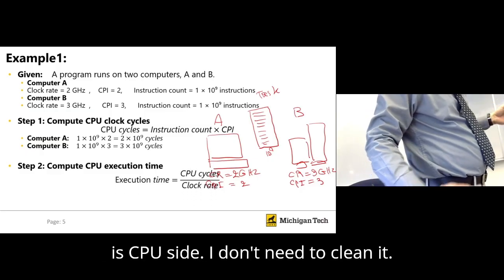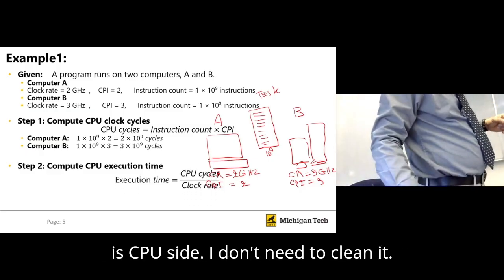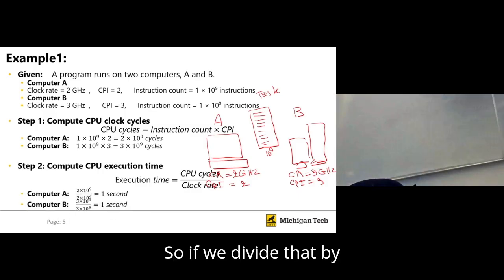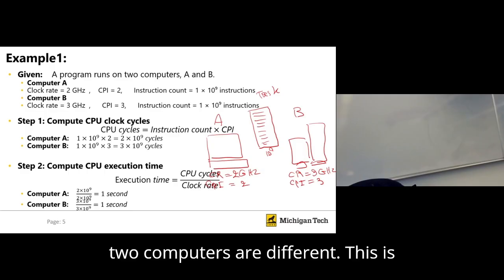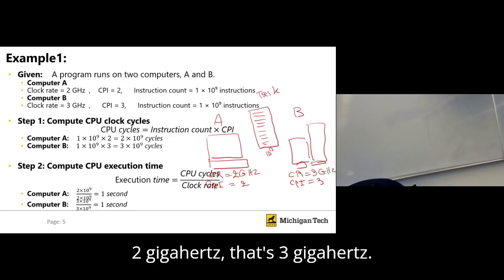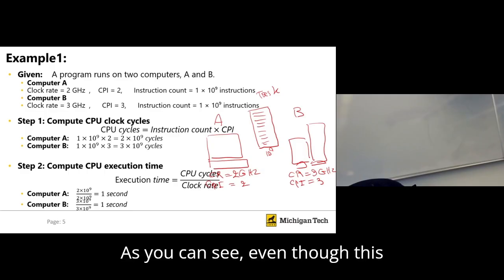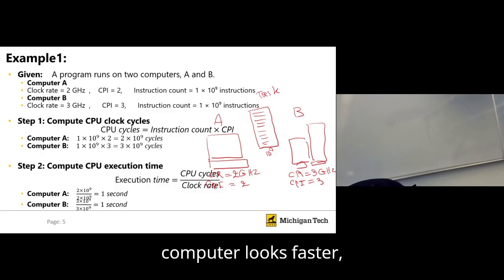Execution time is CPU cycles over clock rate, because the clock rates in these 2 computers are different. This is 2 gigahertz, that's 3 gigahertz. As you can see, even though this computer looks faster, the execution times are equal.